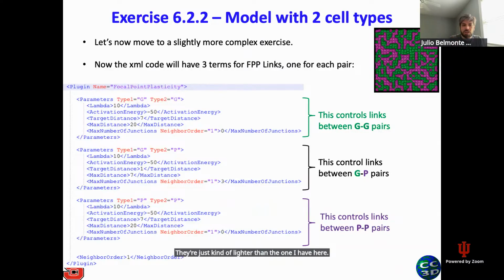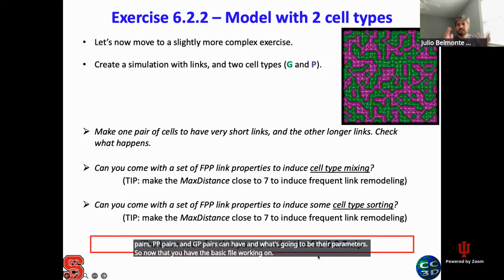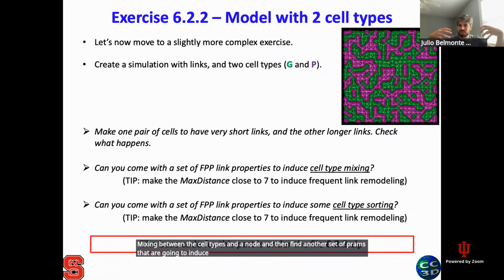Okay. So now that you have this simulation, you see that you have total control over how many GG pairs, PP pairs, and GP pairs you can have, and what their parameters can be. So now that you have the basic file working, my exercise, or my challenge to you, will be to modify those parameters to create a simulation where you induce mixing between the cell types, and then find another set of parameters that are going to induce sorting between the cell types.